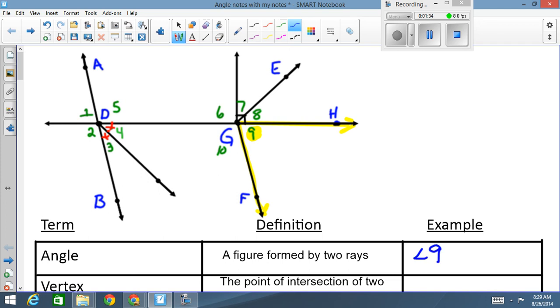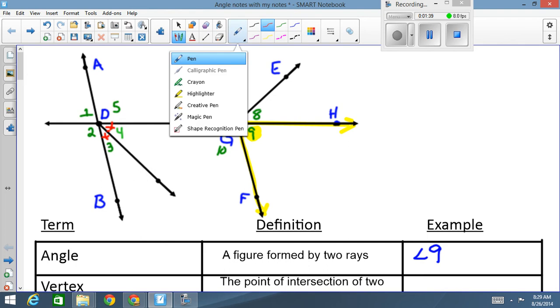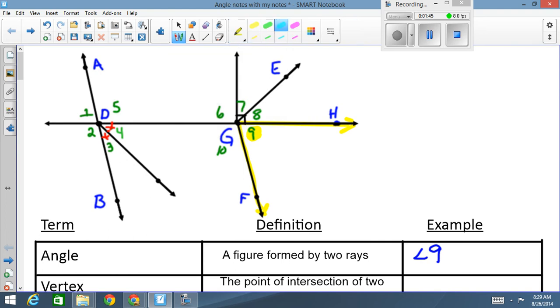Or the other way we could name it would be using the 3 points that make up that angle. Okay, and by 3 points I mean F, which is a point on this ray, G, which is the point where the two rays meet, and H, which is a point on the other ray.